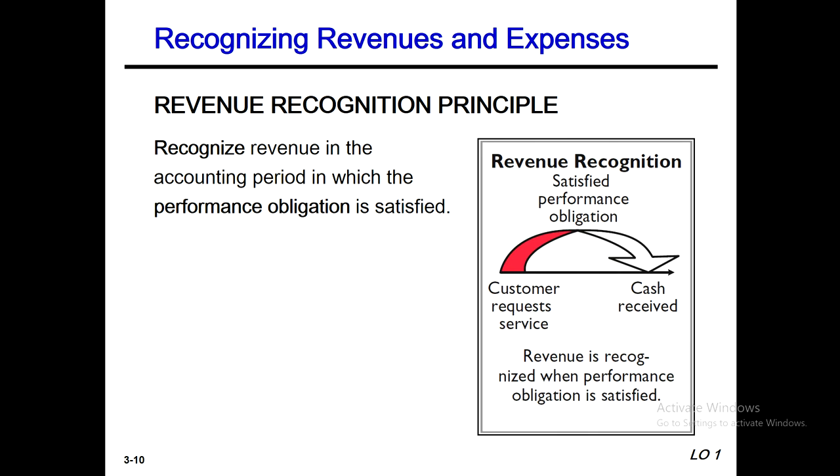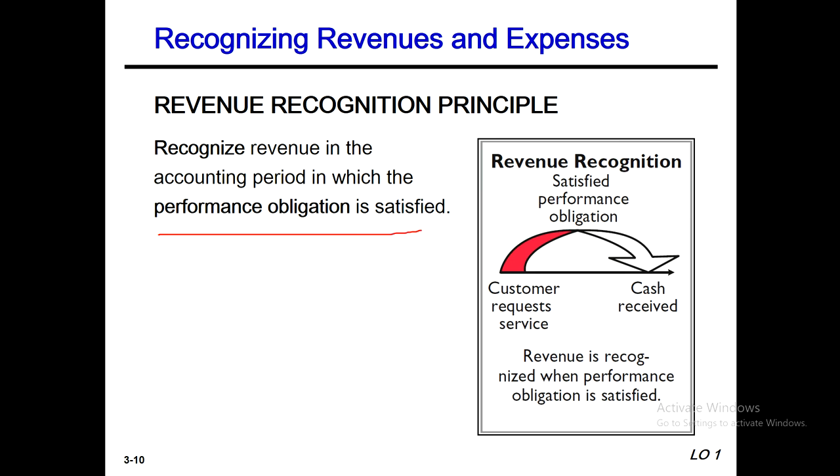Now recognizing revenues and expenses. This part is very important, everybody please be attentive. Revenue recognition principle: recognize revenues in the accounting period in which the performance obligation is satisfied.